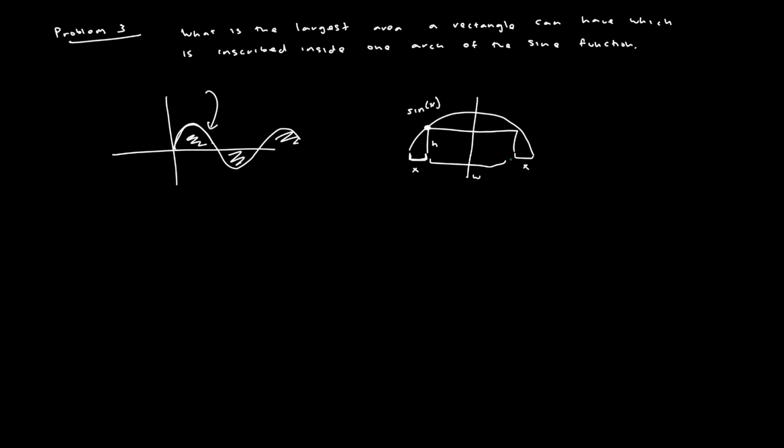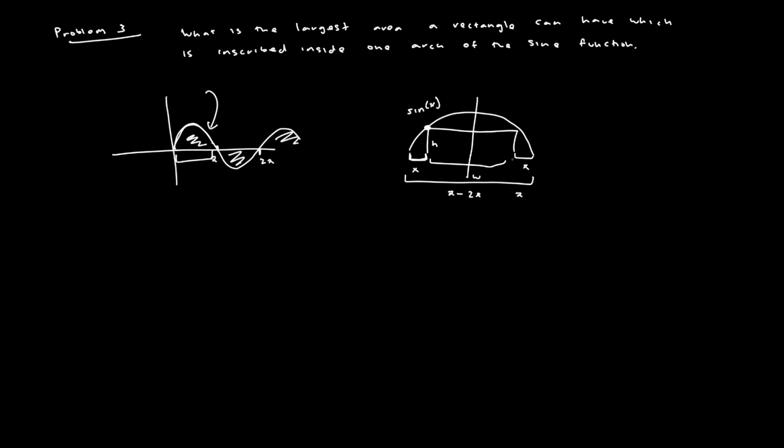And so what happens is the width ends up becoming pi minus 2x, because one arch is of length pi, because half the period of sine is pi. So if you have sine x over here, this is pi, this is 2 pi. So one arch is of length pi, and if we create a rectangle that starts after some length x, we have height sine x, and the width of the rectangle is simply pi minus 2x.